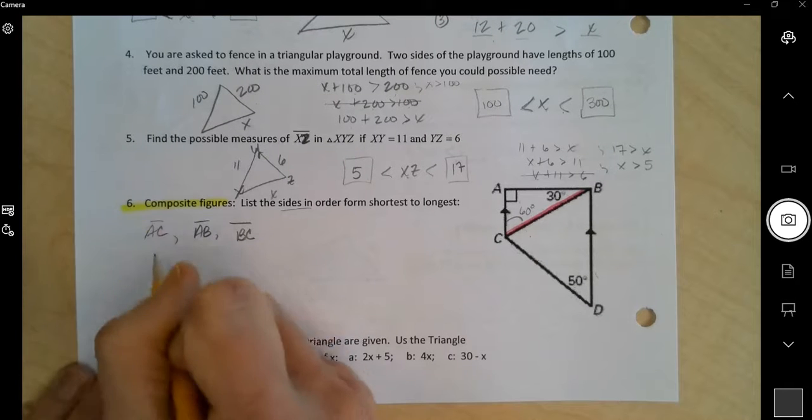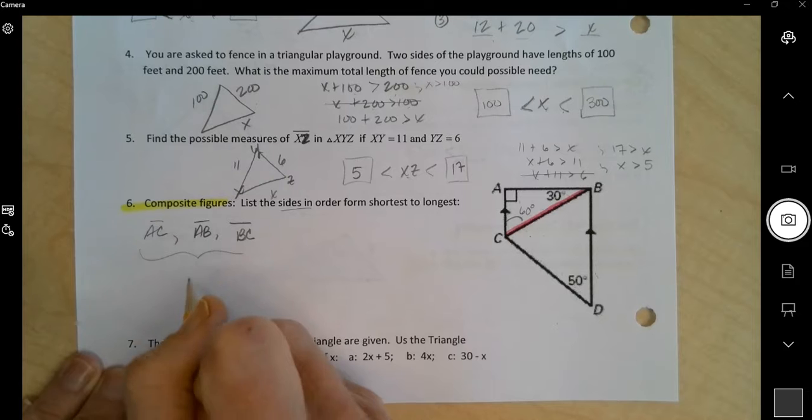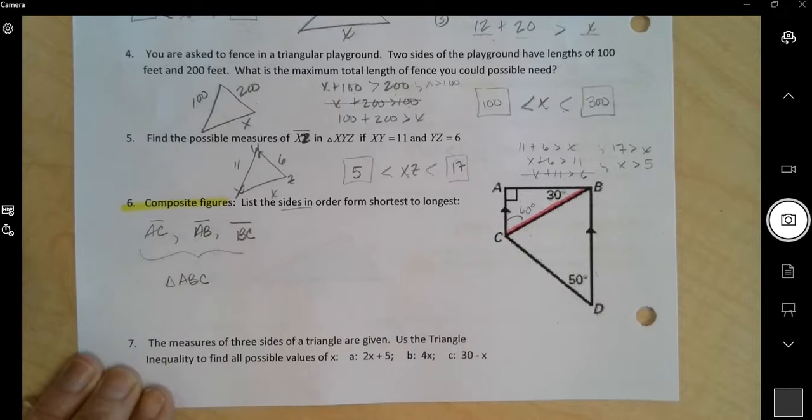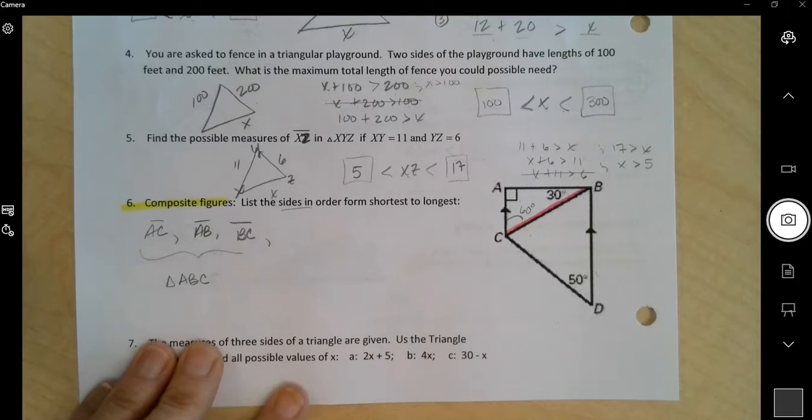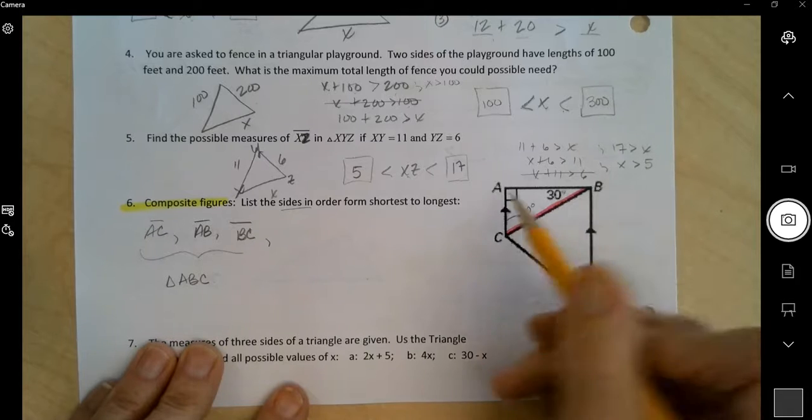This is the sides of triangle ABC. But guess what? It's a composite figure, so I'm going to keep going. So we got some figuring out to do.